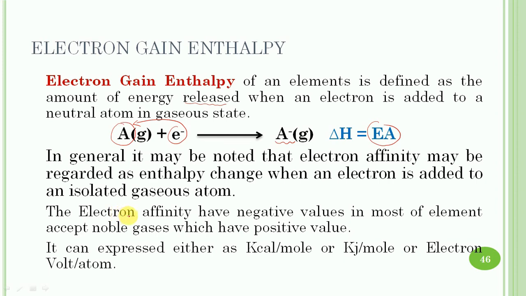The electron affinity or electron gain enthalpy has a negative value in most of the elements except the noble gases, which have positive values. And it is normally expressed either as kilocalorie per mole, kilojoule per mole or electron volt per atom.